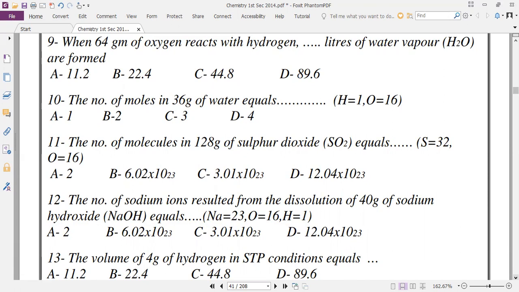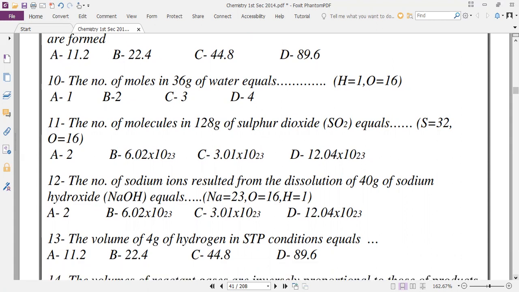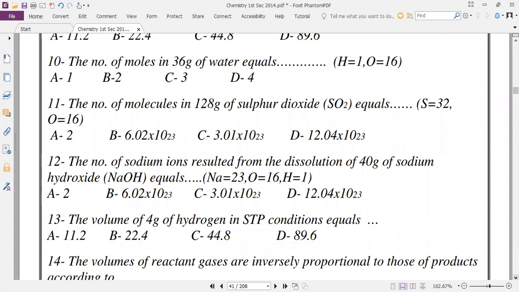But you must write the balanced chemical equation first. 2H2 plus O2 equals 2H2O. Right. So number 10 will be 2 moles. Okay. Number 11.